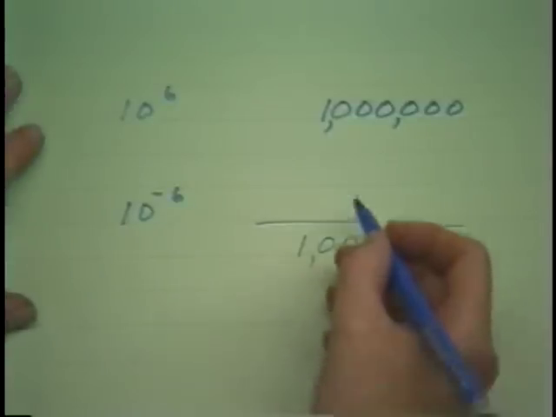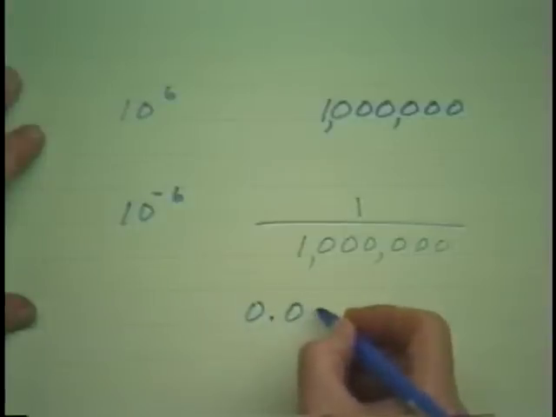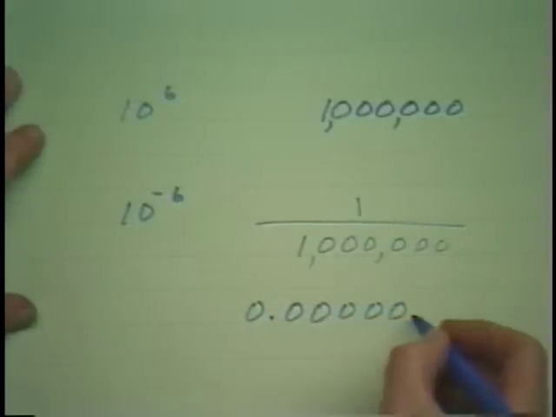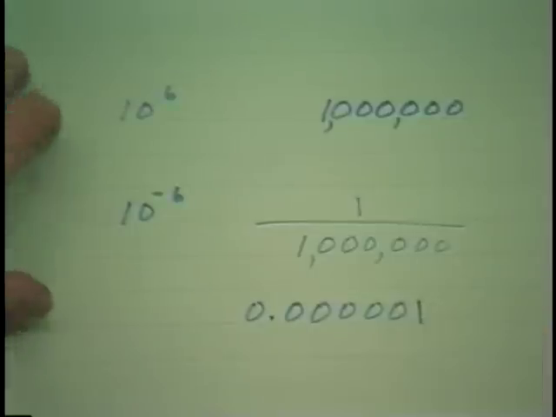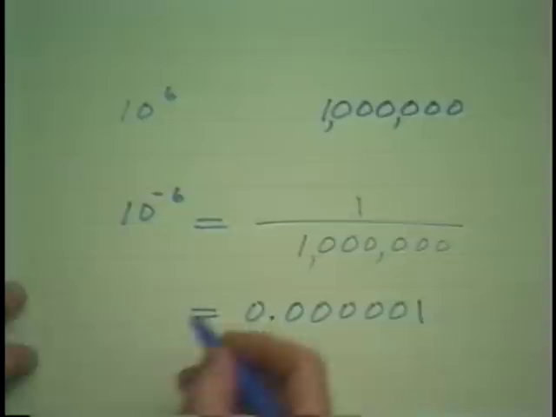Now if I were to divide this out, you would get 0.000001, and not 6 zeros, but 5 zeros and a 1. These are all the same thing.